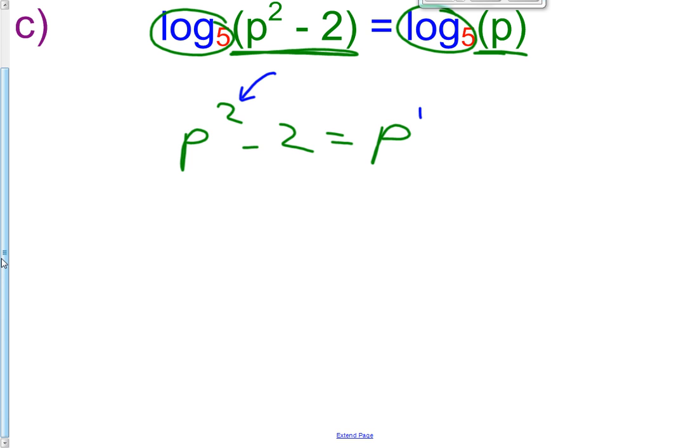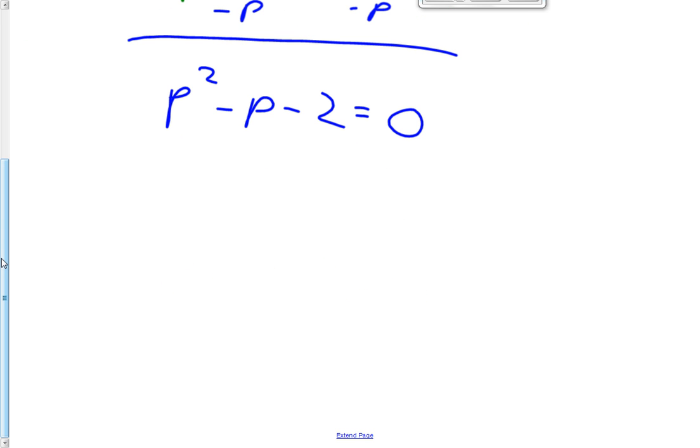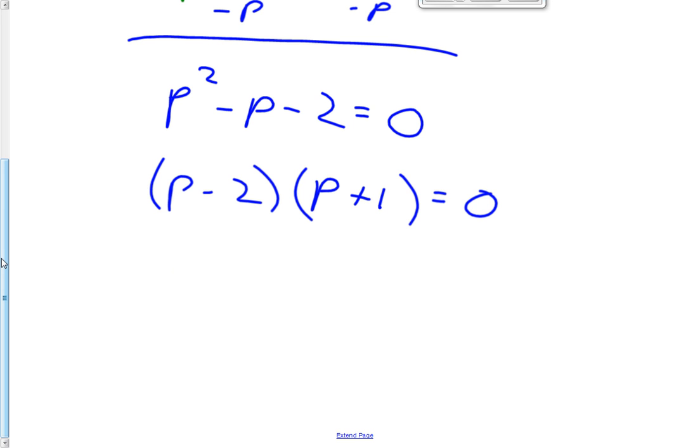So let's get a 0 on the right side by subtracting p from both sides. Now we get p squared minus p minus 2 equals 0. If we factor this, we get p minus 2 and p plus 1. So that means p has to equal positive 2 and p has to equal negative 1.